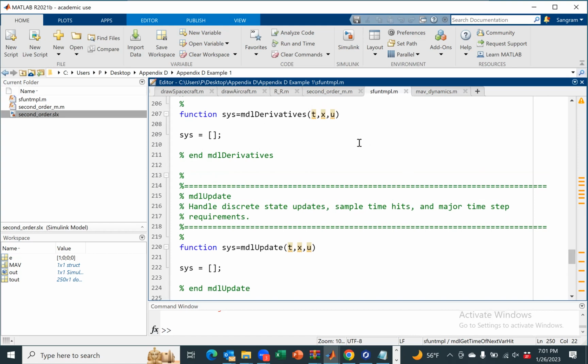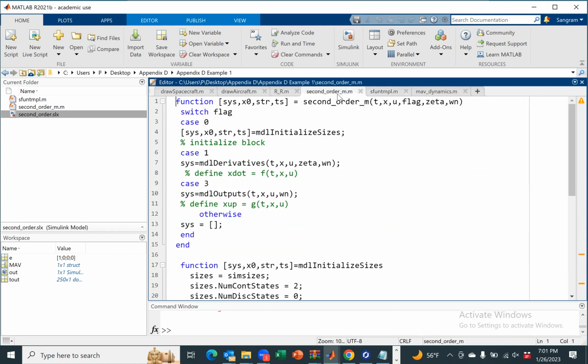Now what I want you to do is, everyone open this template, and I want you to open second order underscore m.m. And please note that the exact same template is used to program this equation. If you go down, first remains the same, second remains the same, everything, please understand here.